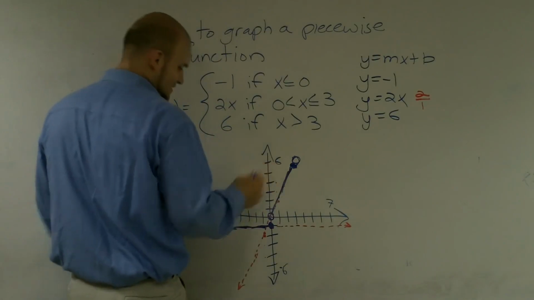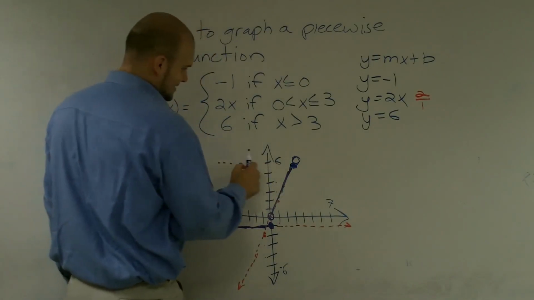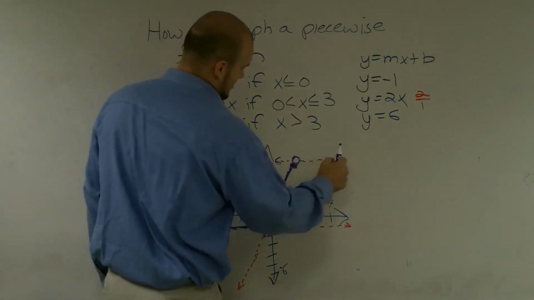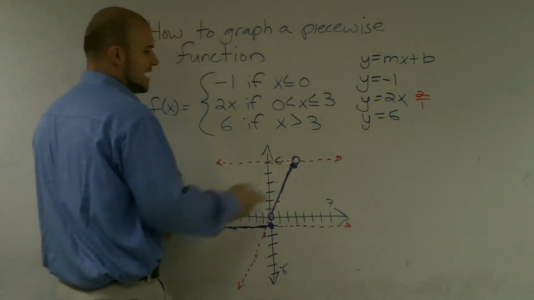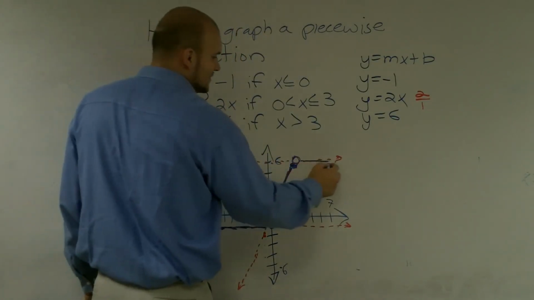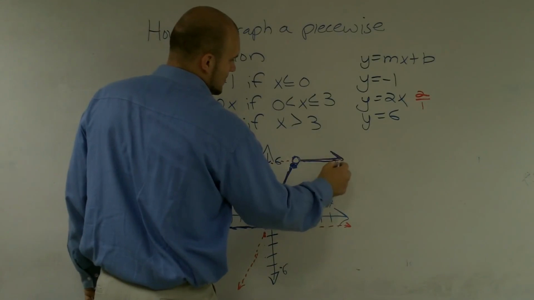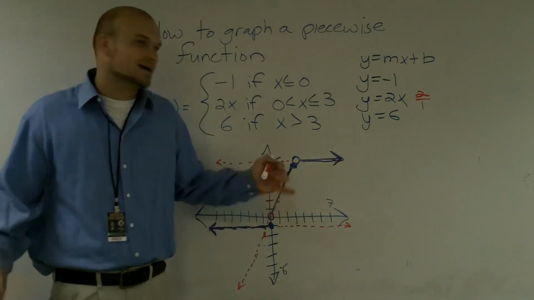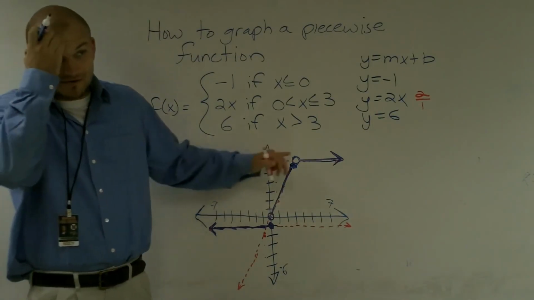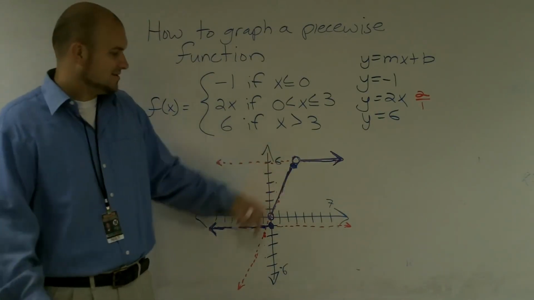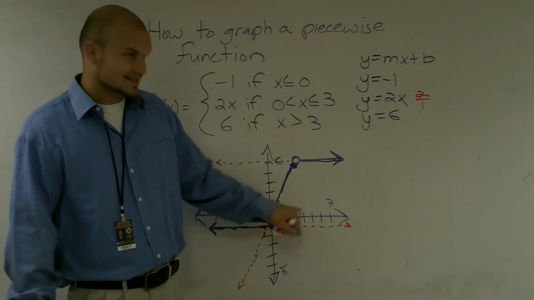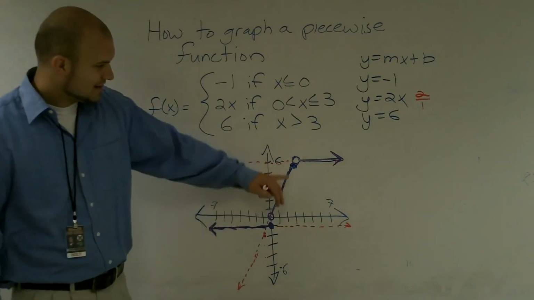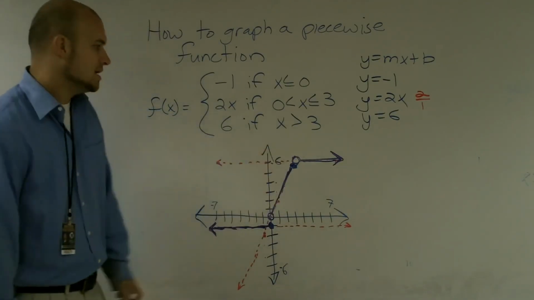And x greater than 3, this would look like this. However, I'm only concerned about when it's greater than or equal to 3. So it's roughly going to be right there. I understand from home, you guys can see that my graph right here is not going to be the best in the world because my scaling is not exact. But your graph should roughly look something in this format.